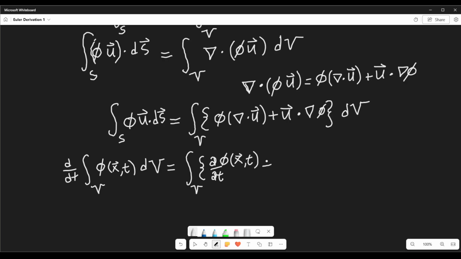And then added to that is all of this from the surface equation, which is again the scalar field times the divergence of u.